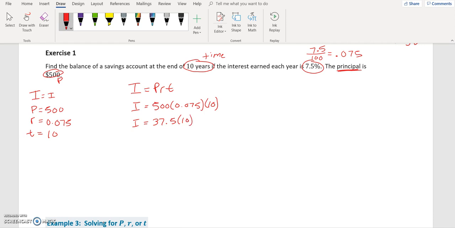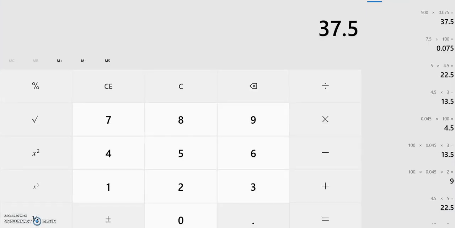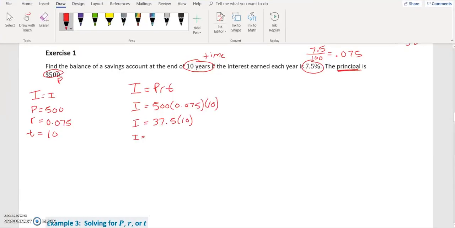And then I'm multiplying that times 10. You could honestly plug all three of them in at the same time, which gives you 375. So our interest, remember, is money. $375 after 10 years.